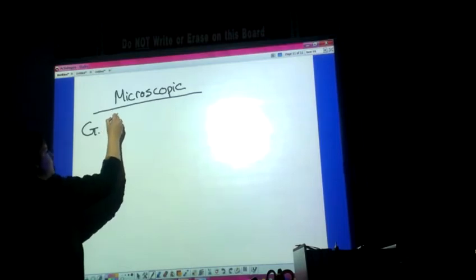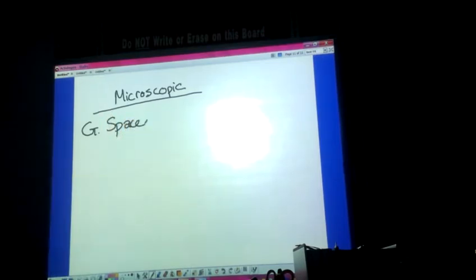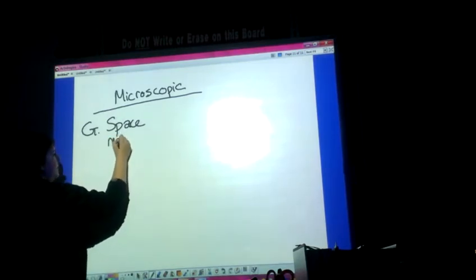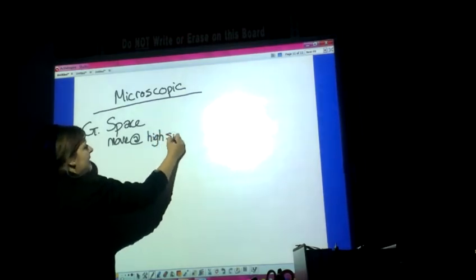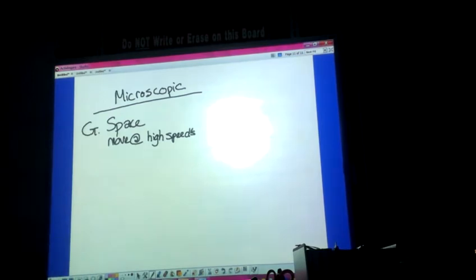We'll just say spaced. So they have a lot of space in between the molecules or in between the atoms. They move at higher speeds in comparison to a liquid or a solid. So we'll say move at high speeds. And again, I'm calling it high speeds in comparison to a liquid or to a solid.